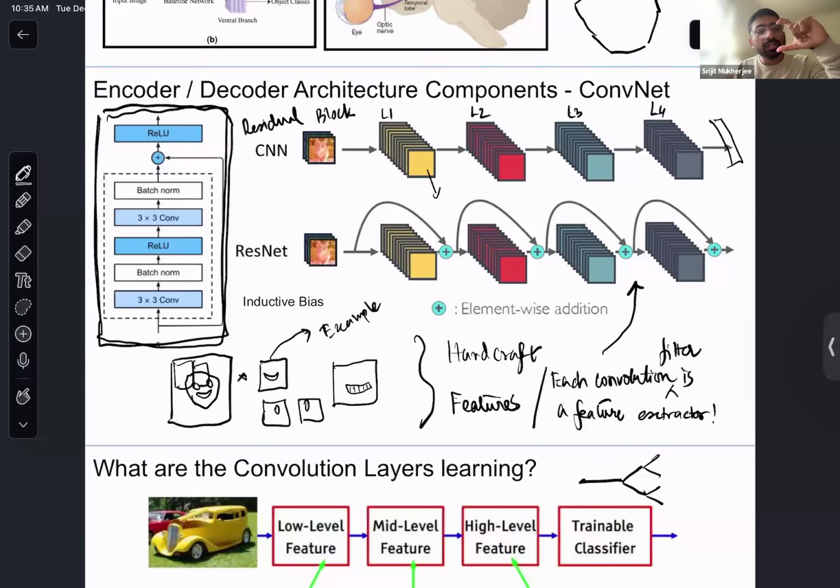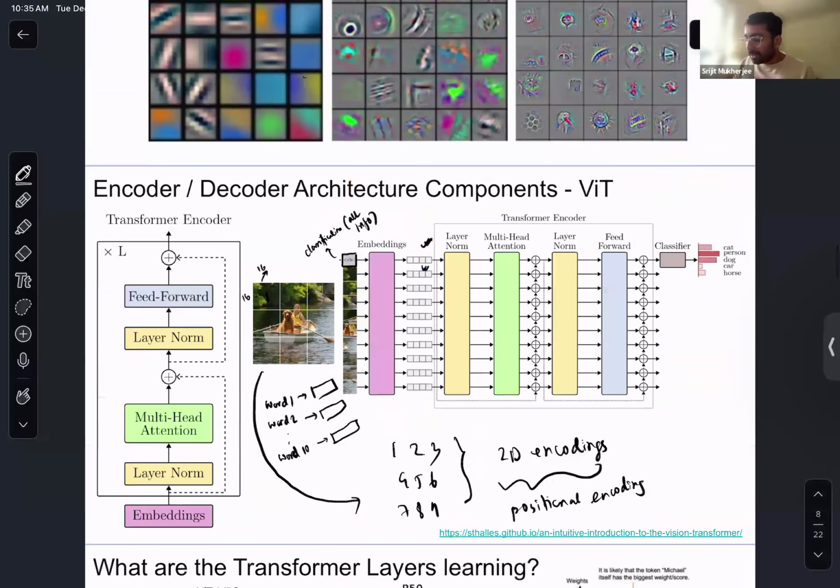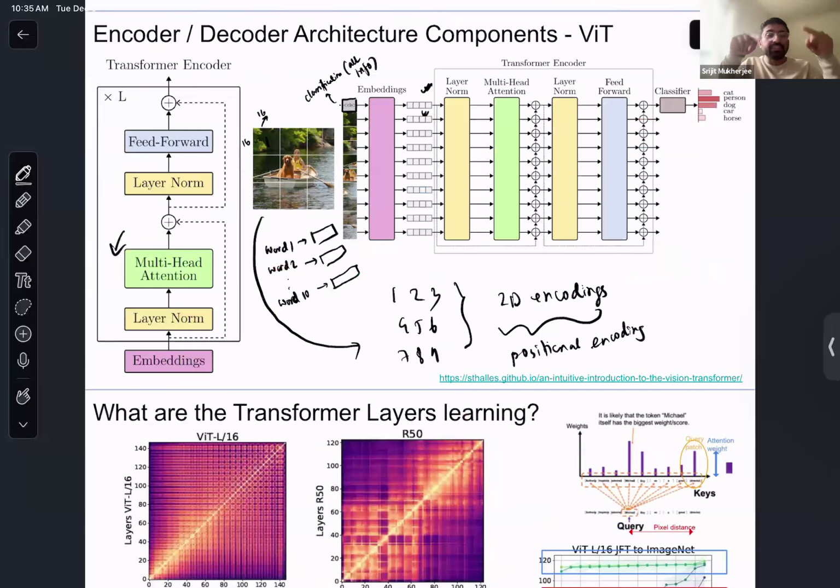But the main fundamental stuff is this convolution filter. But in the vision transformer, the main fundamental part is the transformer, the self-attention or multi-head attention part, each individual feature. That is also interestingly a matrix. So the self-attention part. But this is the basic idea.